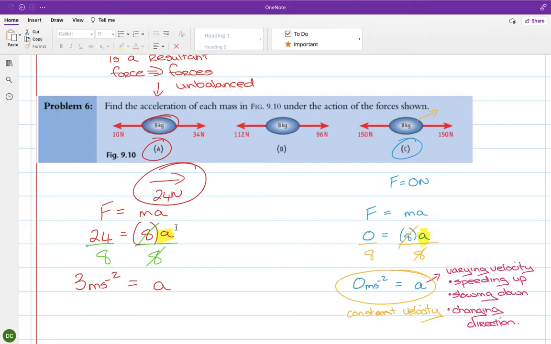That constant velocity might be 0, which means this object is not moving. Okay, but it could be moving, just not accelerating.